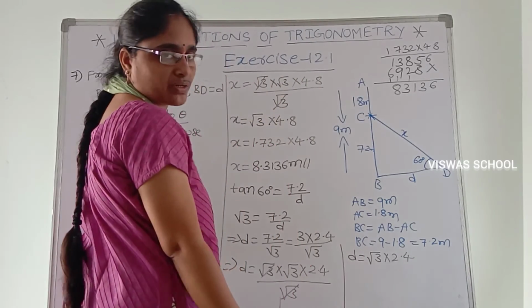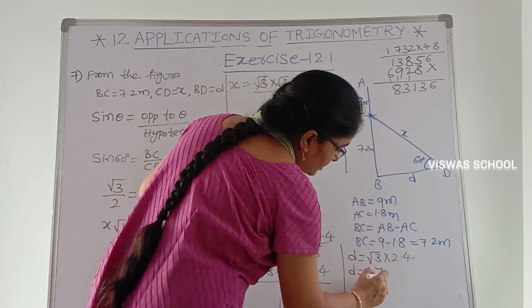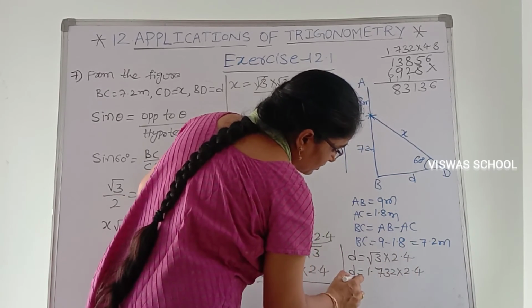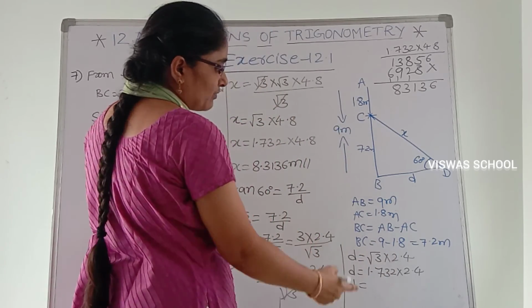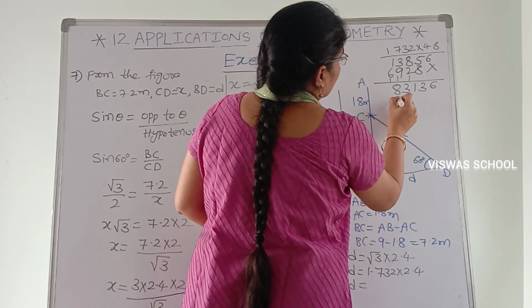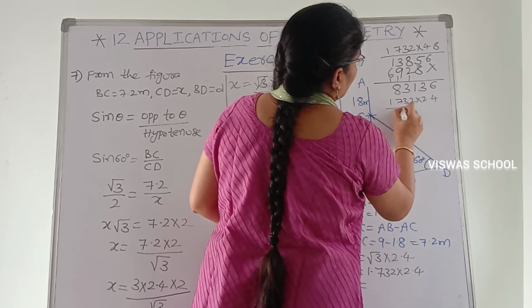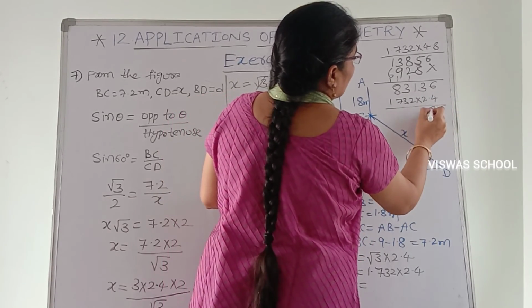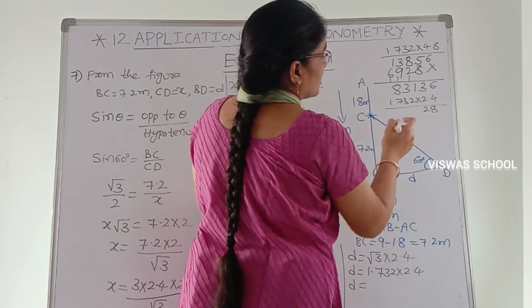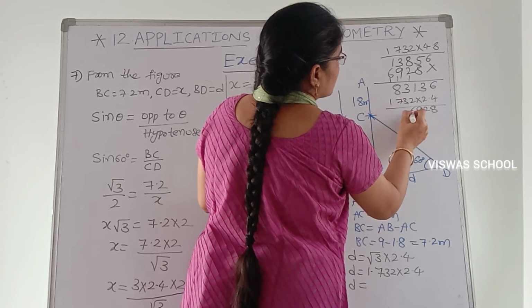The root 3 value is 1.732. Substitute that value: 1.732 into 2.4. Now we have to multiply 1.732 into 2.4. First with 4: 4 2s are 8, 4 3s are 12, 4 7s are 28 plus 1 is 29, 4 1s are 4, 4 plus 2 is 6.